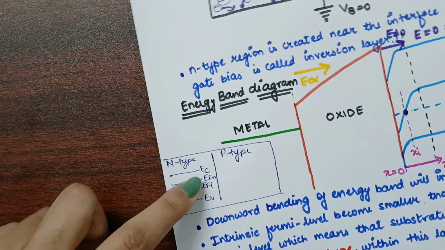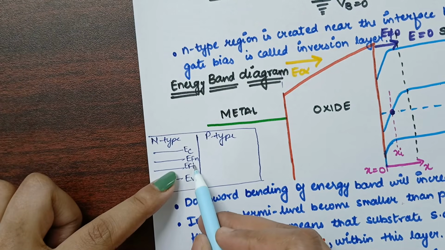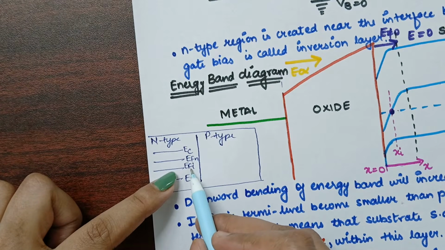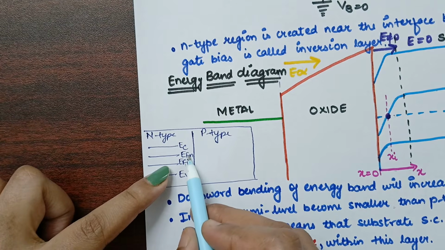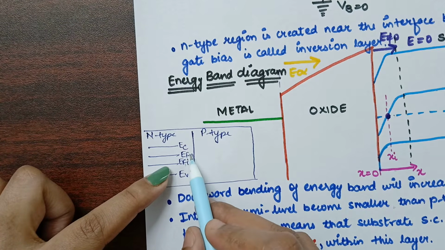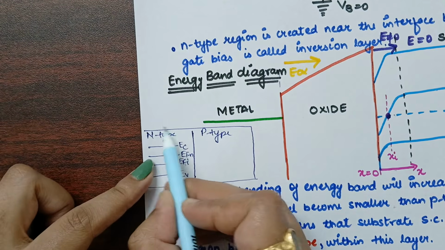So in this n-type material, the Fermi level of the intrinsic material is below the Fermi level of the substrate, or you can say the semiconductor. The Fermi level of the substrate is above the intrinsic Fermi level, then it will behave like an n-type material.